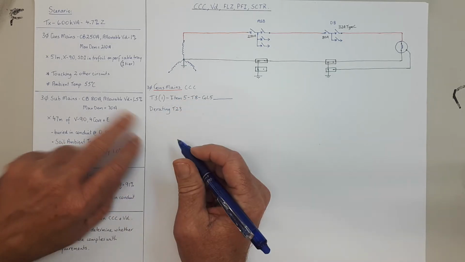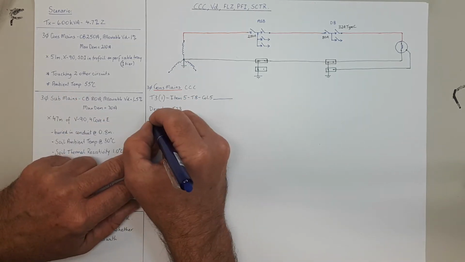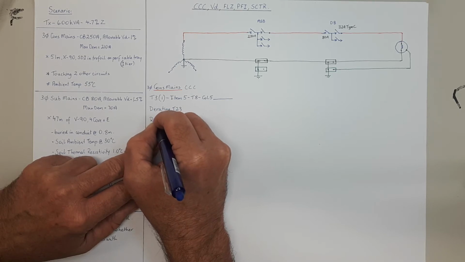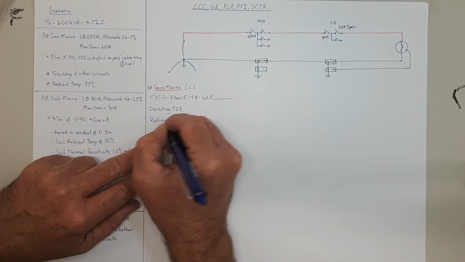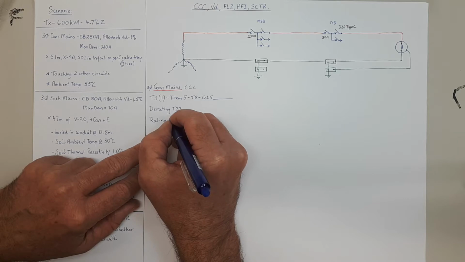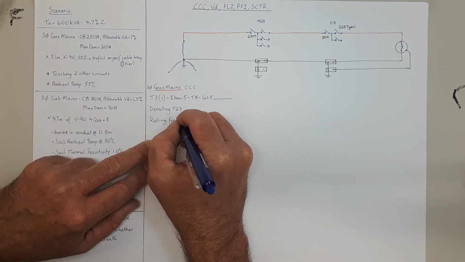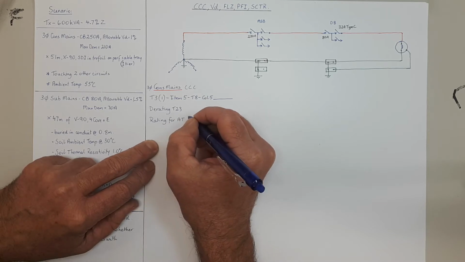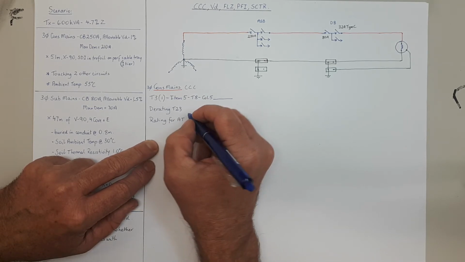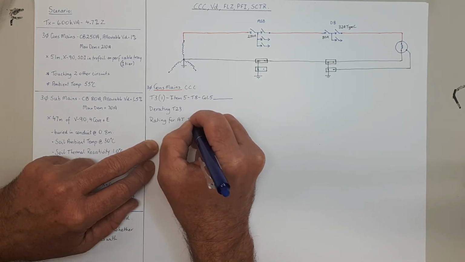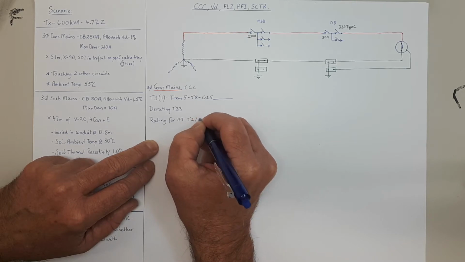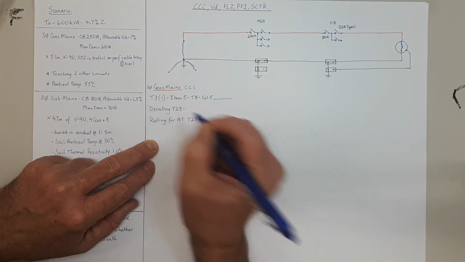But there's also a rating for ambient temperature, and so it tells you that it's 55 degrees. So we call that rating for AT, and that's going to be table 27. So this is where we go to find out our ratings and deratings.